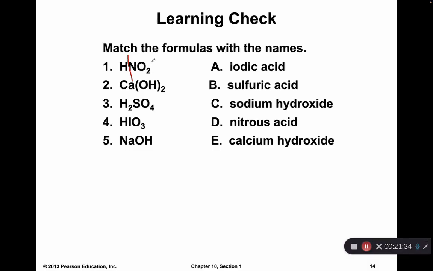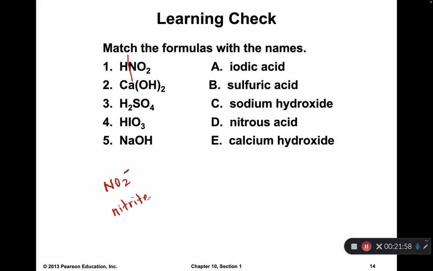If you remember the polyatomic anions, I told you to memorize, maybe in chapter 2, or we just saw a couple of slides before, right? This anion, NO2 minus, is the nitrite ion.